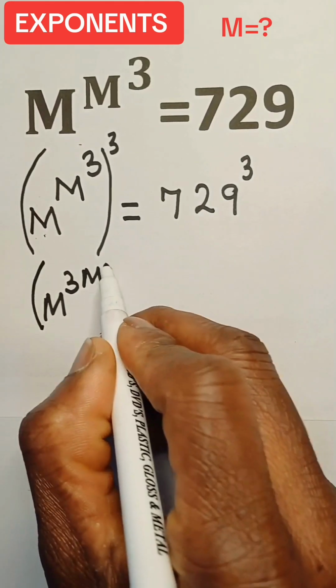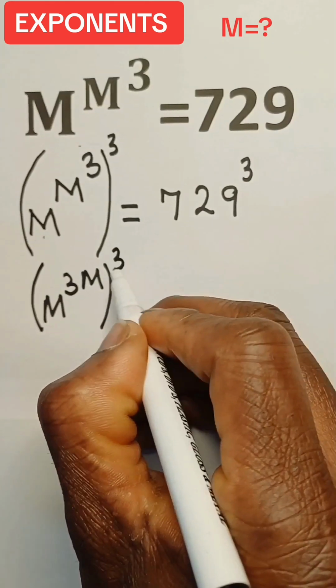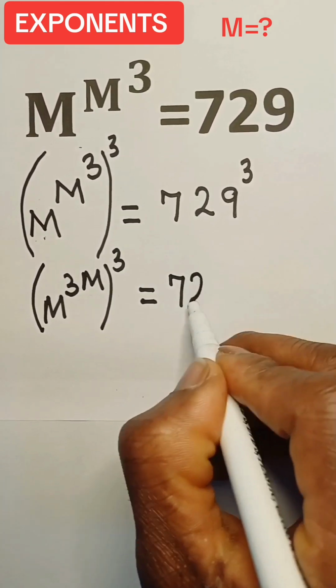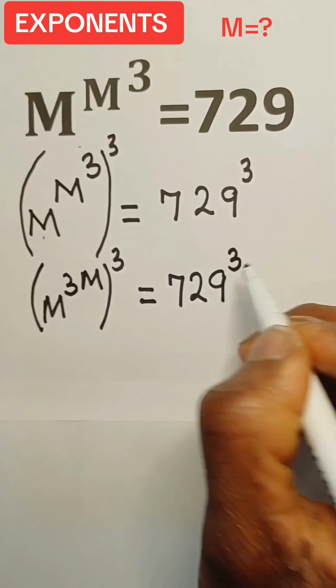Then raised to the power of 3 is equal to 729 raised to the power of 3.